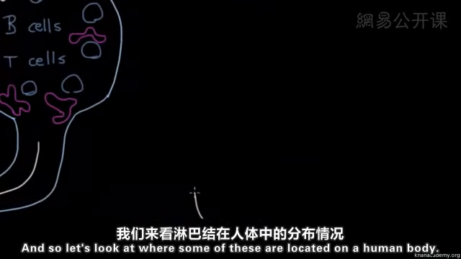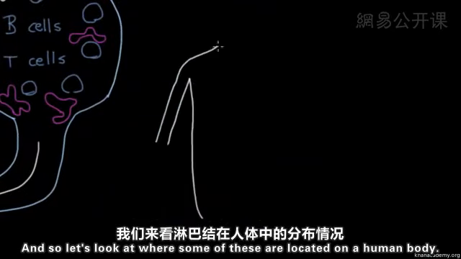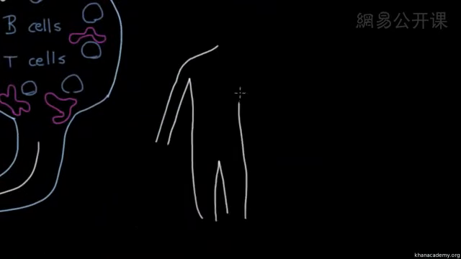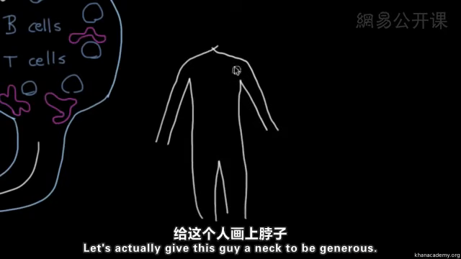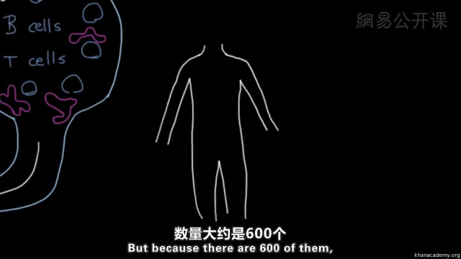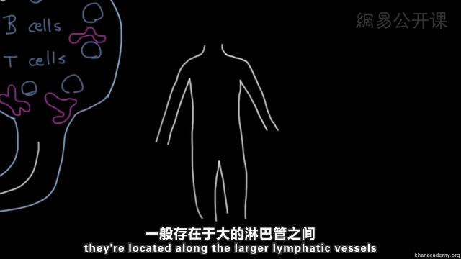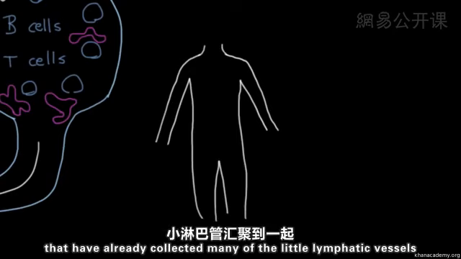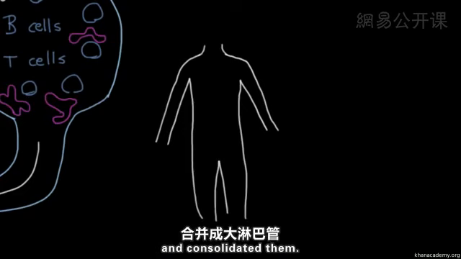And so let's look at where some of these are located on a human body. Let's actually give this guy a neck to be generous. So the lymph nodes are obviously located all along lymph vessels, but because there's 600 of them, they're located along the larger lymphatic vessels that have already collected many of the little lymphatic vessels and consolidated them.